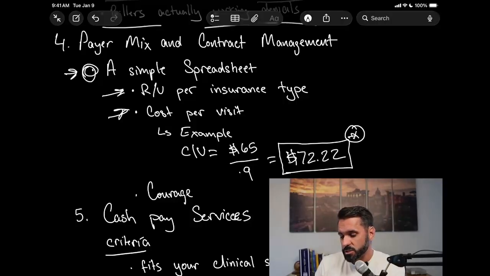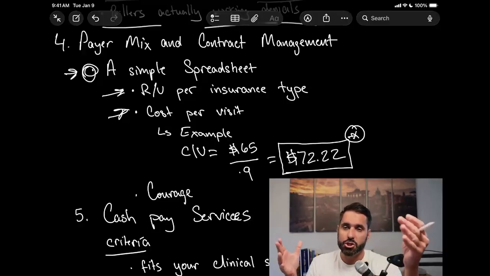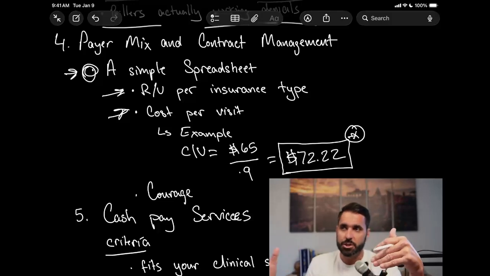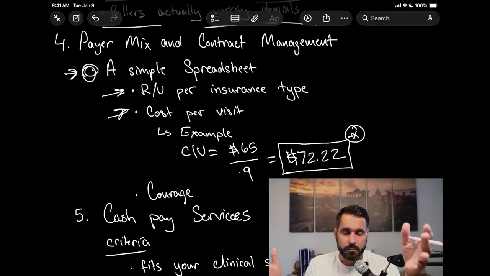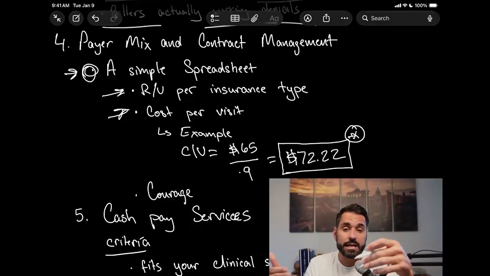Then you want to track your cost per visit. This is the simplest metric to measure in the world. It's measured just like revenue per visit. You just do it on the expense side. You can take any time frame, look at a 90-day window, and look at what your total expenses were for those 90 days.